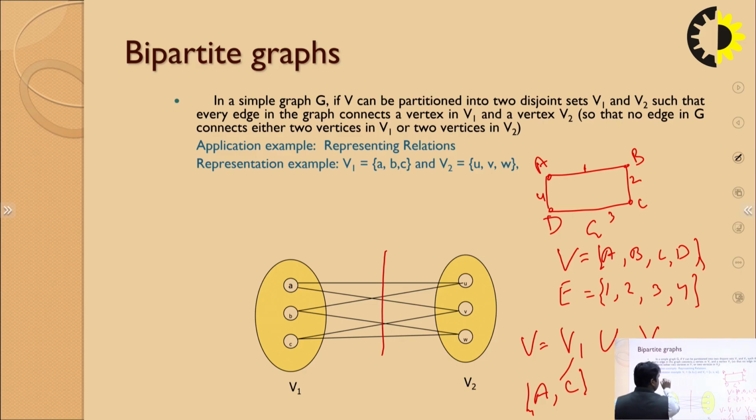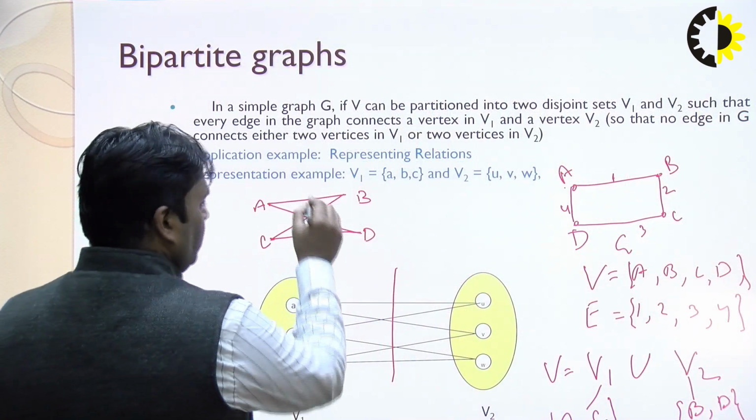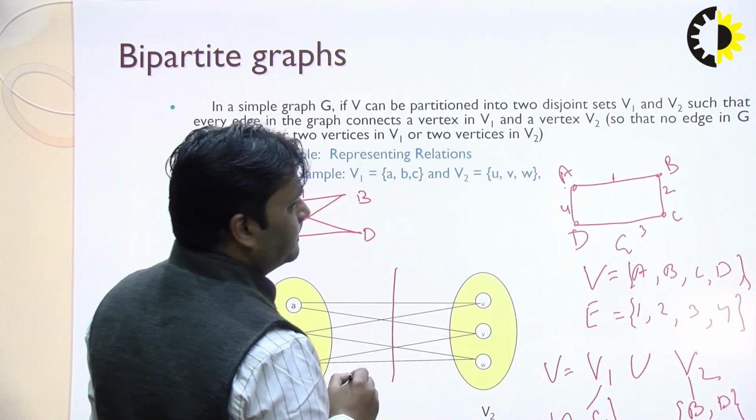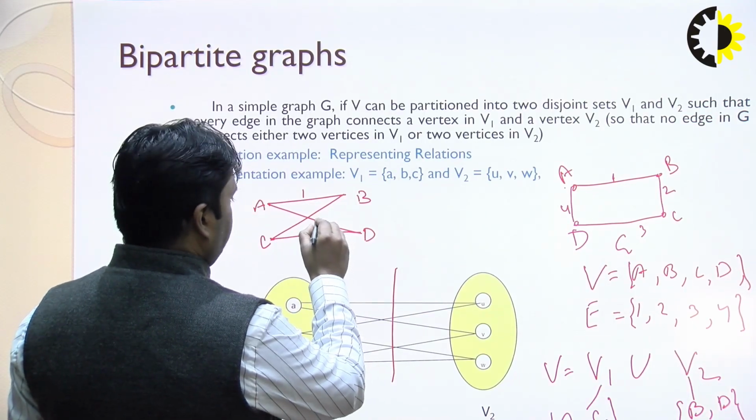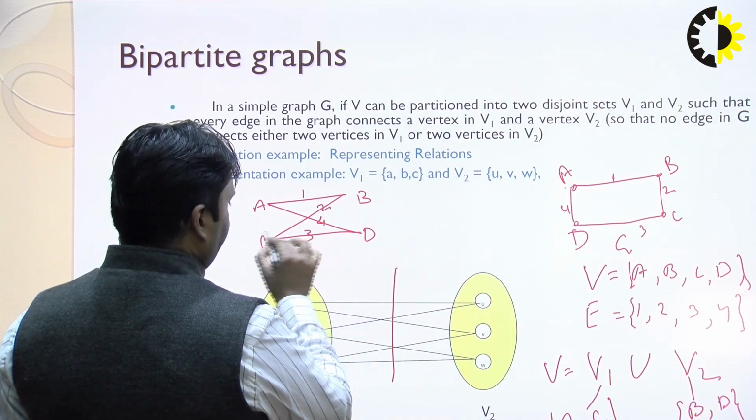In this graph, there is an edge from A to B and one edge from A to D. There is an edge from B to C and one edge from C to D. A to B is edge 1, A to D is edge 4, B to C is edge 2, and this one is edge 3.